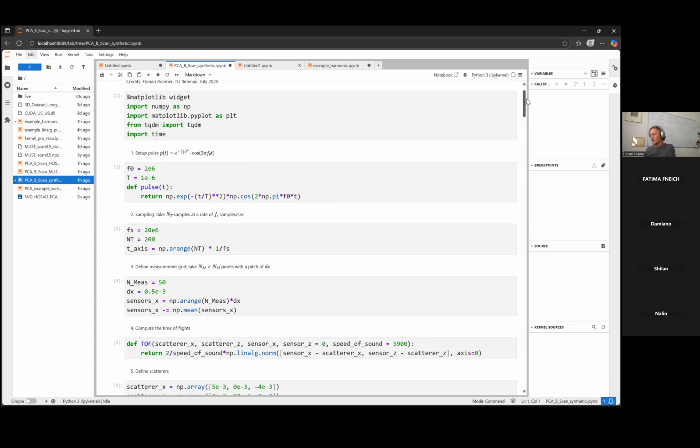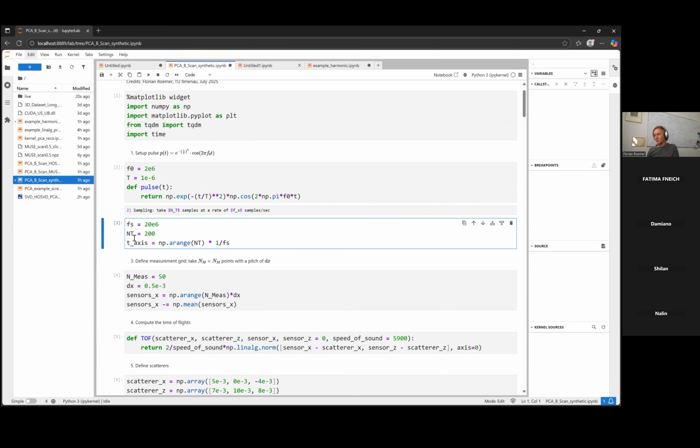The idea is relatively simple. I generate a synthetic B-scan for an ultrasonic measurement just by assuming some pulse shape. So I just take a modulated Gaussian pulse, that I define as a pulse function. Then I sample that according to some sampling frequency and some number of samples in time, and I create a corresponding time axis.